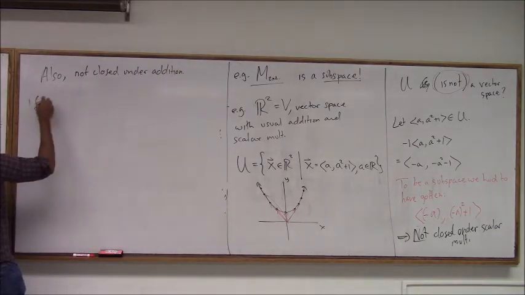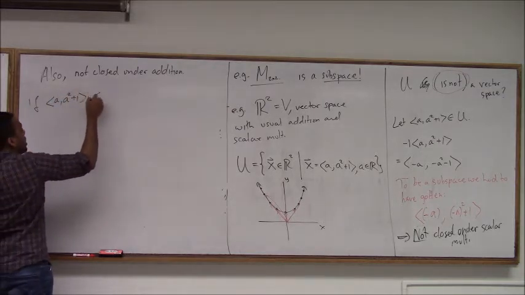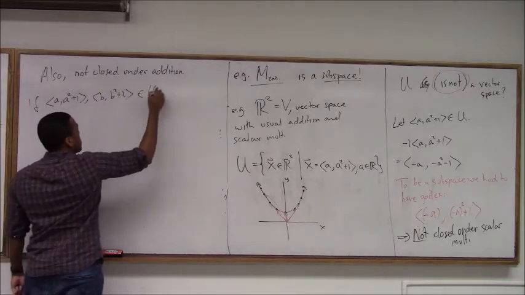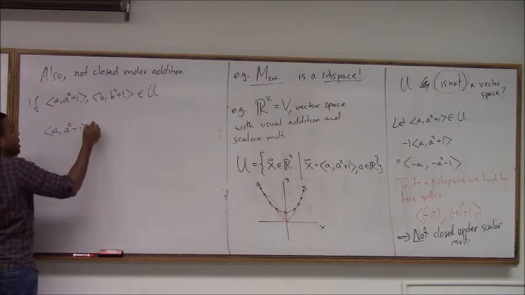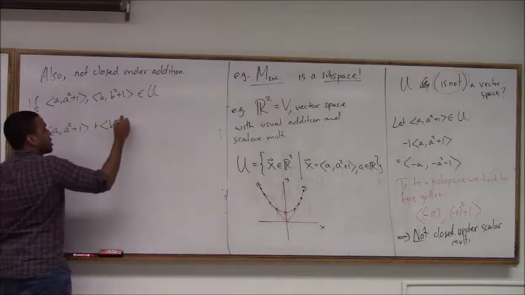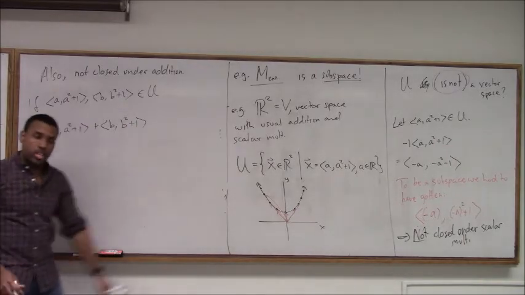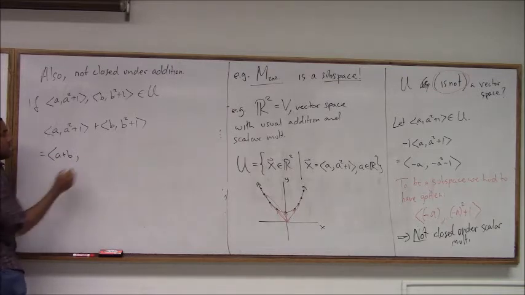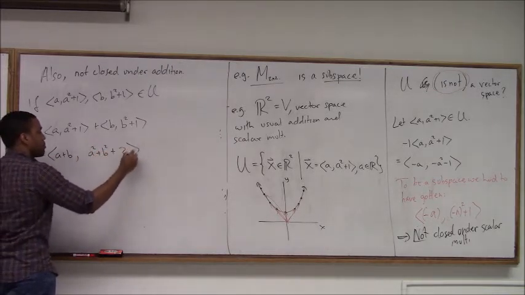Because if, let's say I take two vectors, a squared plus 1, and b comma b squared plus 1, which are elements of U, if I take this one and add it to that one under the usual addition, I would get a plus b, comma, here I'd have a squared plus b squared plus 2.